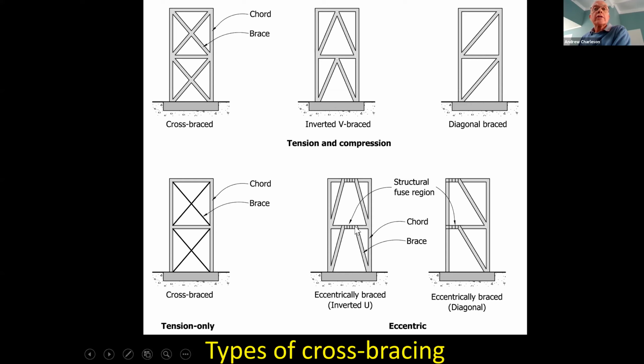And this creates a structural fuse region. So this type of bracing is the most ductile. It's able to absorb earthquake energy without breaking. And it's probably the most economic form of cross bracing.